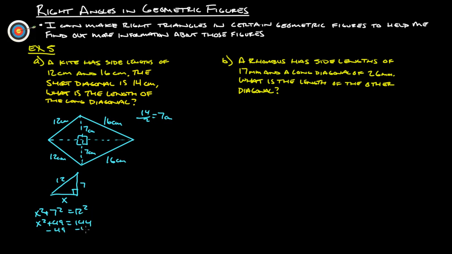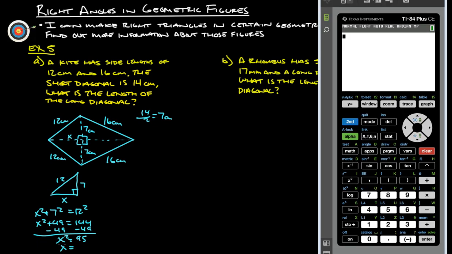Subtract 49 from both sides, and we get x squared is 95. So we've got to figure out what the square root of 95 is.